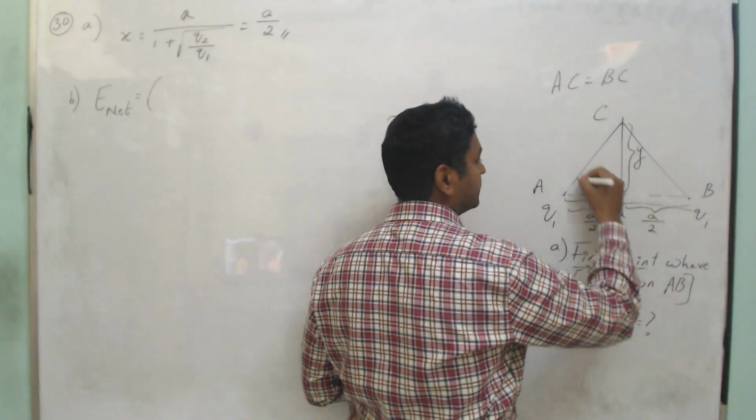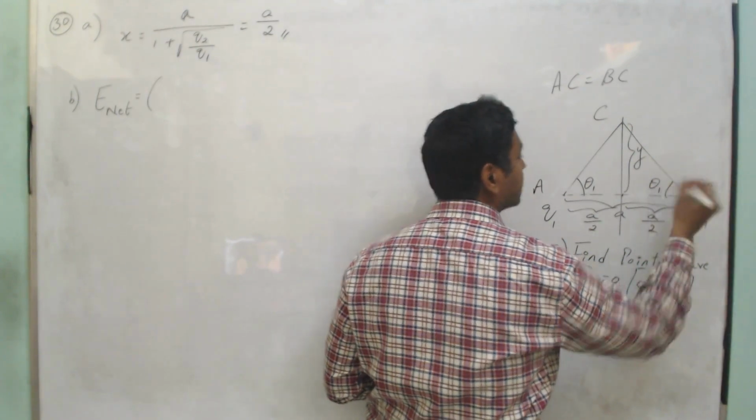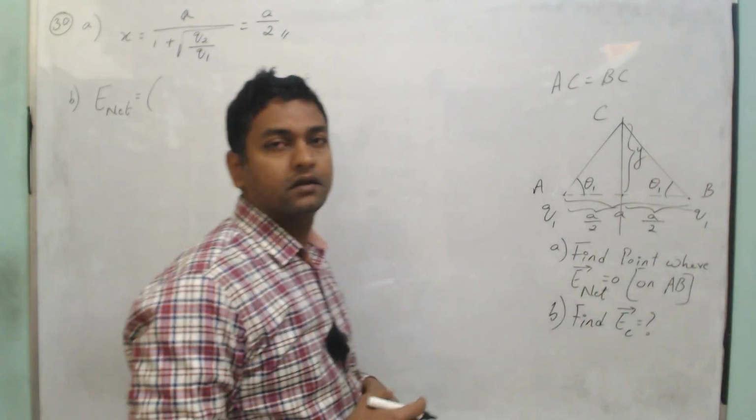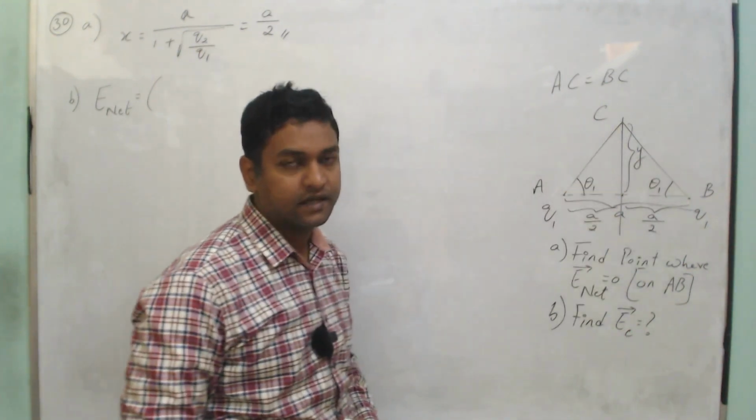Yes. So if this angle is theta 1, this angle is also theta 1. Also, the distance AC is equal to distance BC, correct? Hypotenuse.